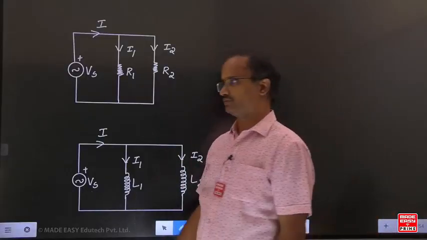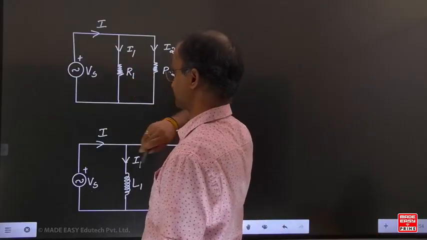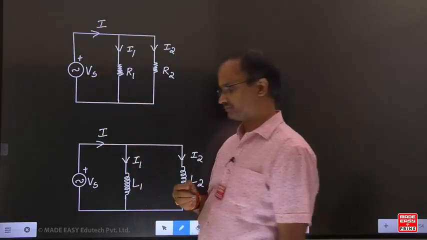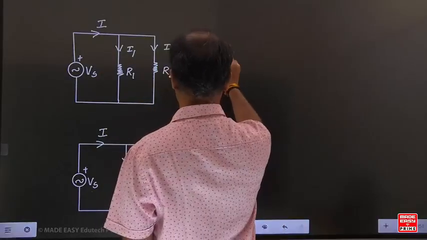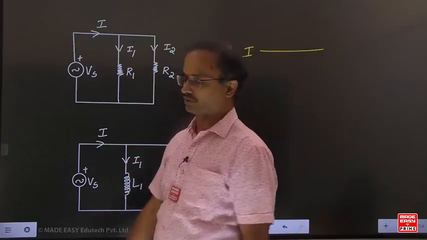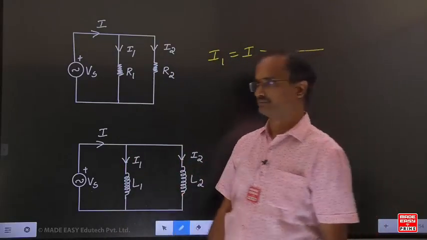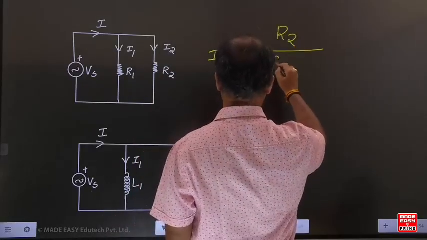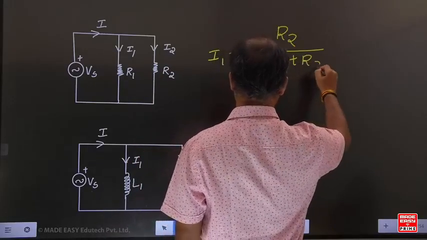Current division technique means we write the branch current in terms of total current. How can we write here? I1 equals total current into the opposite resistor. What is the opposite resistor here? R2 by total resistance, R1 plus R2.